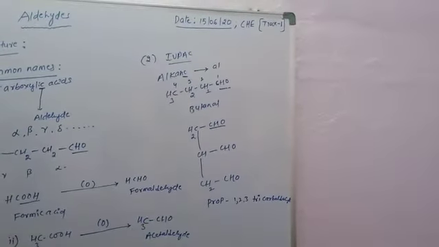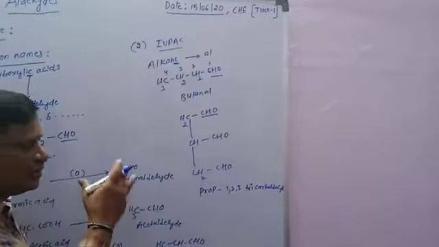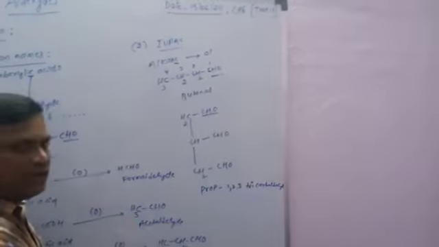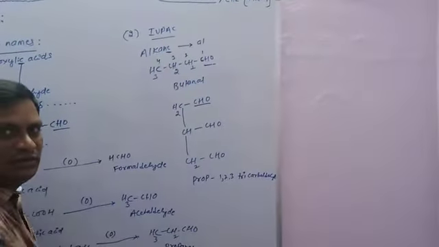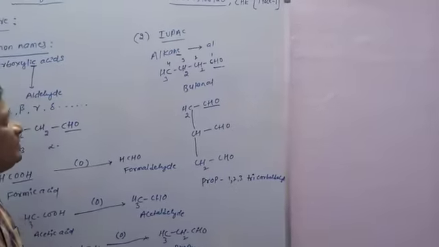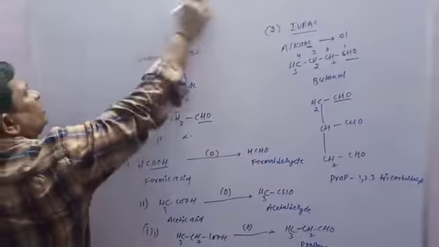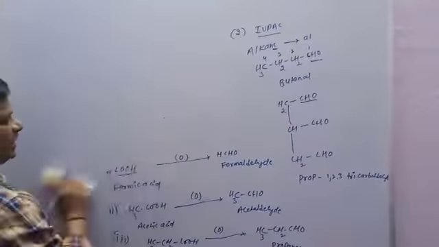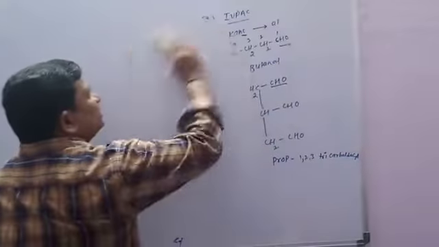So if the compound has more than three aldehyde groups, the aldehyde groups are not considered in the parent chain. Now let us consider some compounds with common names and IUPAC names.